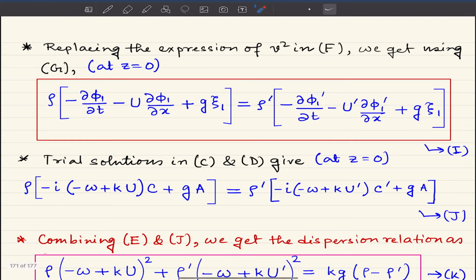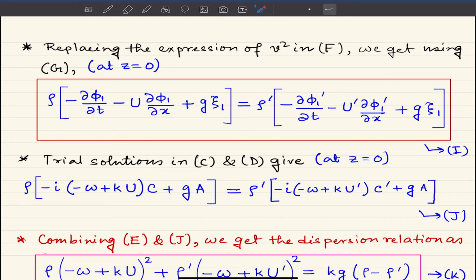If you do that, finally you have a compact relation like rho times minus del phi 1 del t minus u times del phi 1 del x plus g times xi 1 is equal to rho prime times minus del phi 1 del t minus u prime del phi 1 del x plus g times xi 1.